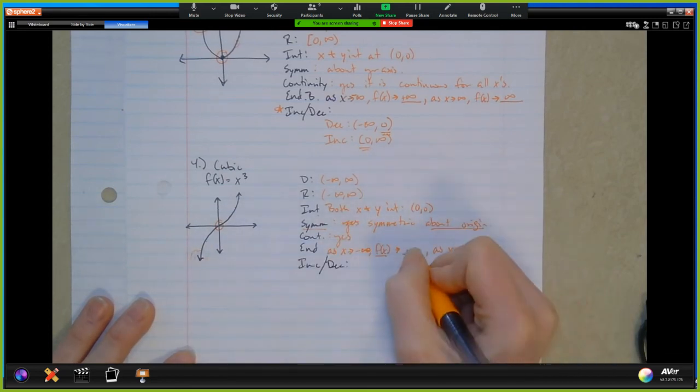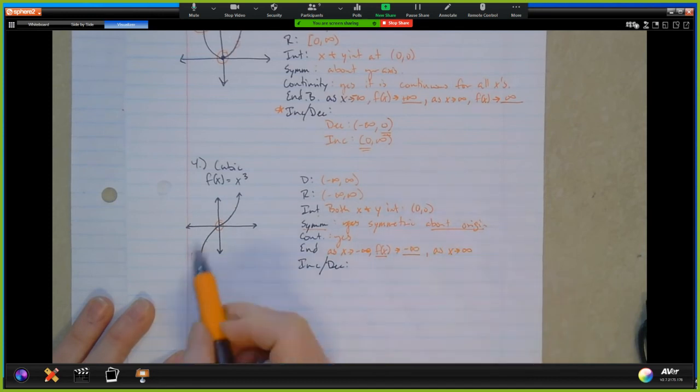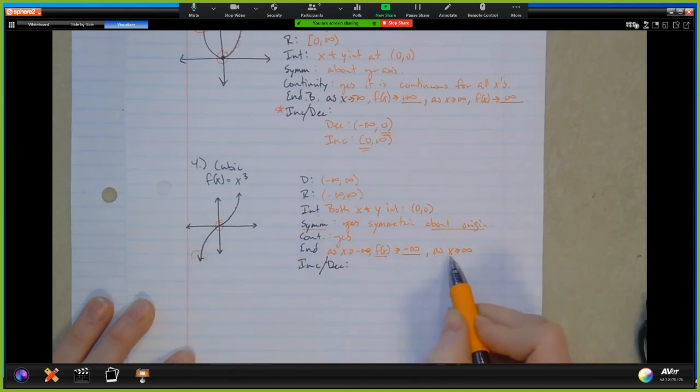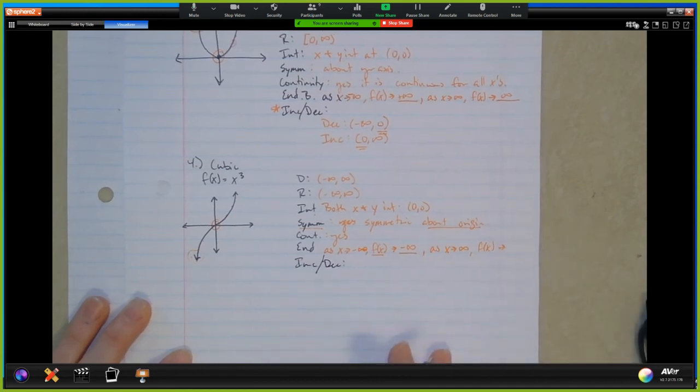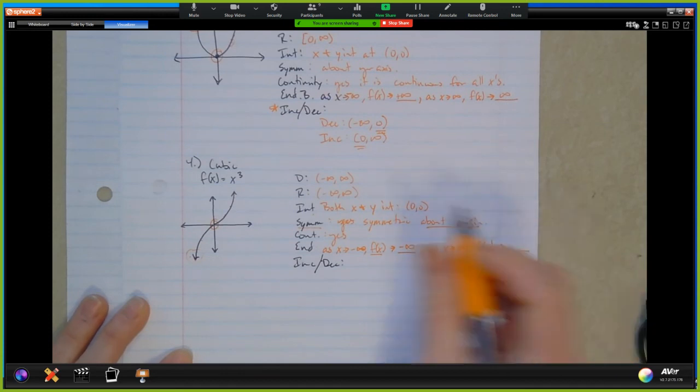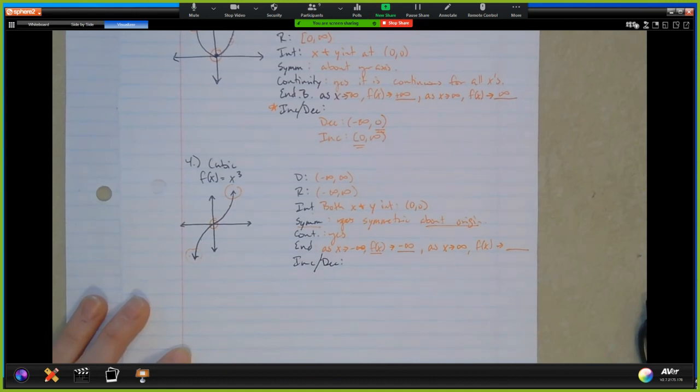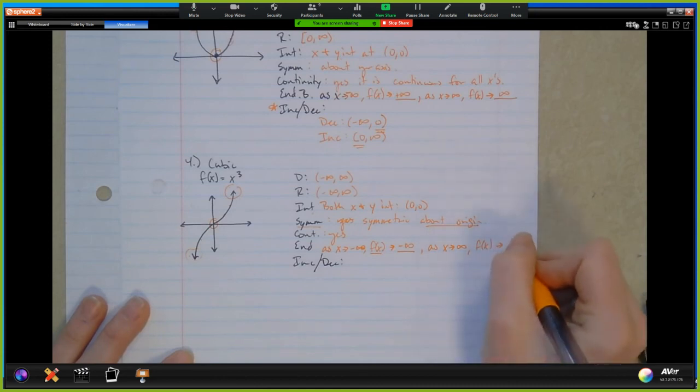The function goes down, so it's going to negative infinity. And as x goes to infinity, where does the function go? How do you describe that in behavior? Sorry if I overspoke someone. So we would go to infinity.